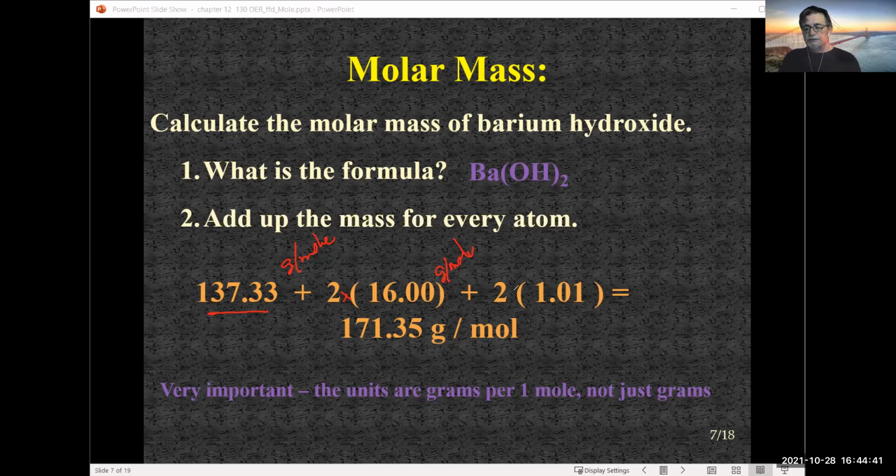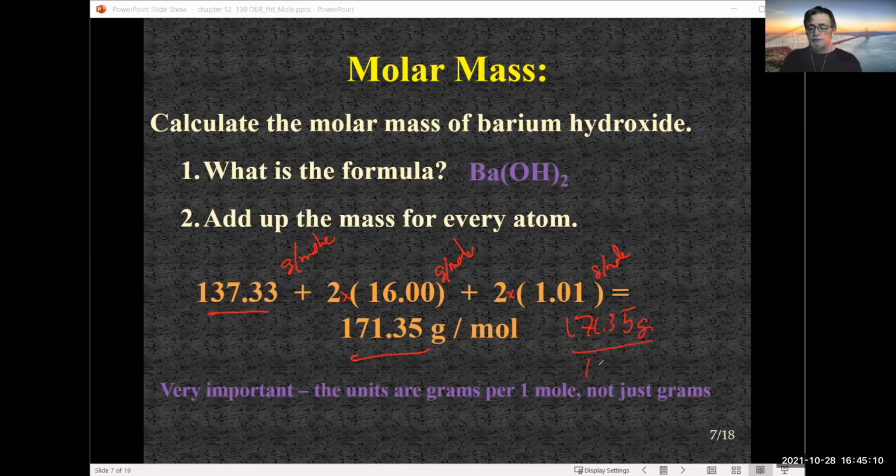And then we have 2 hydrogens, each one at 1.01 grams per mole. And so we do the math and we end up with the molar mass for barium hydroxide, 171.35 grams per mole.